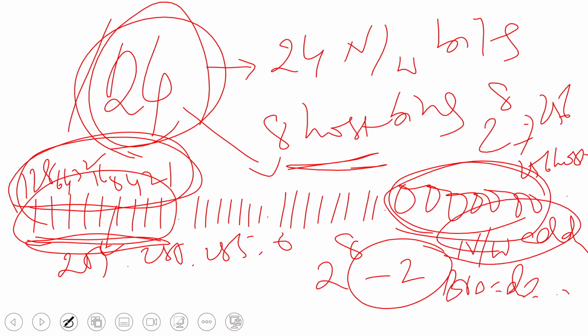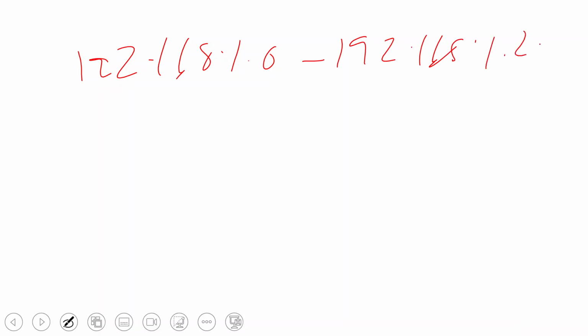First address, if I'm taking an IP address like this, 192.168.1.0, and the end would be 192.168.1.255. This is a slash 24 notation.